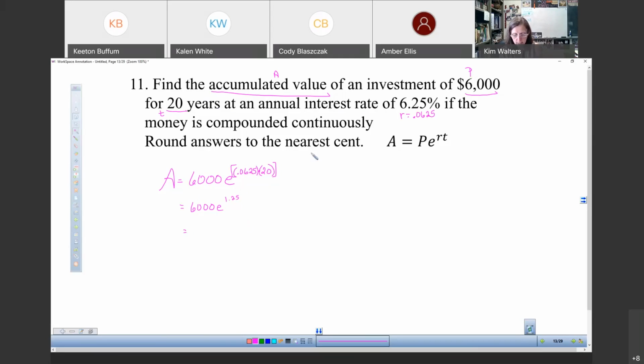So 6,000 times e to this lovely exponent, 0.0625 times 20 power, and we get $20,942.06. So after 20 years, our money grows quite nicely.